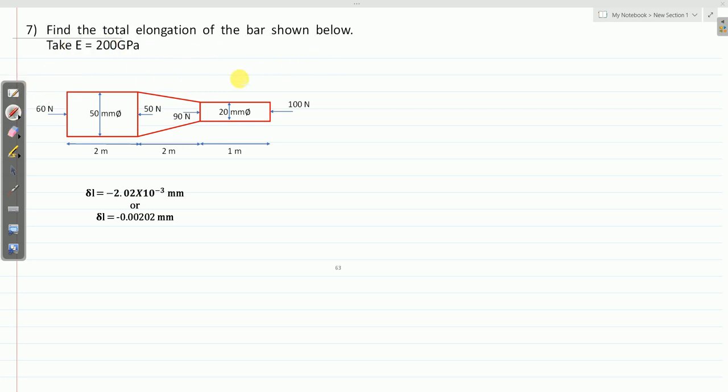See here, if you observe this diagram, first this part is square section.